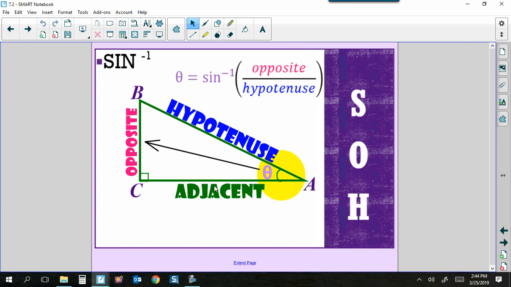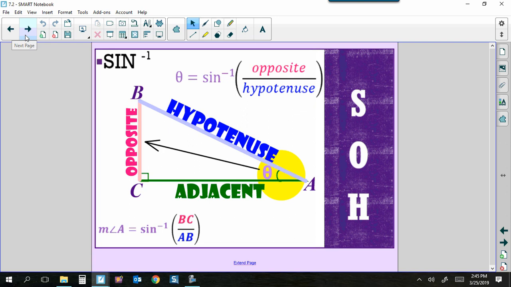In this particular problem, theta is angle A, which would be equal to the inverse of sine times the opposite over hypotenuse. So the measure of angle A is equal to the inverse of sine times side BC over the hypotenuse, which is AB.